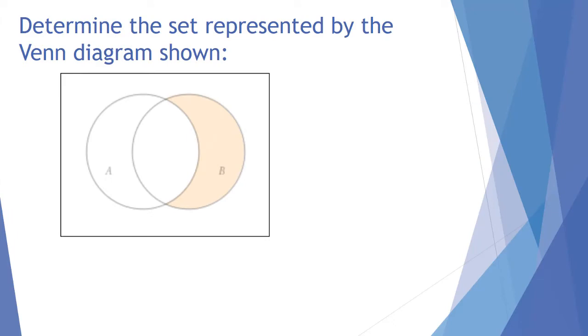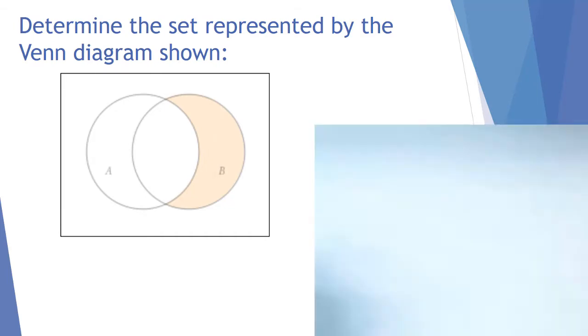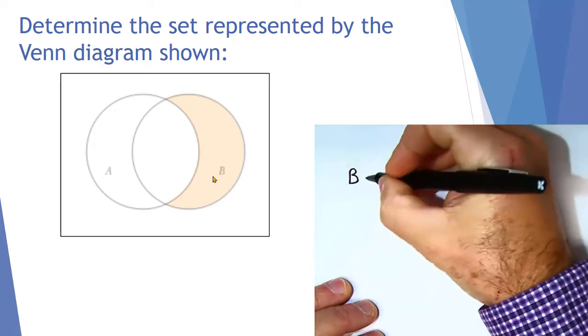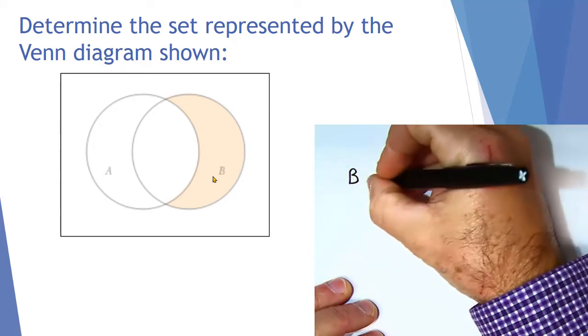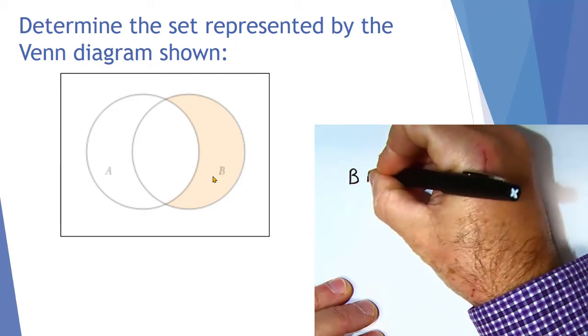Okay, can you determine what set is being represented by the Venn diagram shown here? If you were to just describe this region in words, you'd say that we're within set B, but we're also outside of set A. So if we describe that as a set, we would say that we're in B and we're in the complement of A. So writing that out, we would say B and, but the and condition is represented by an intersection.